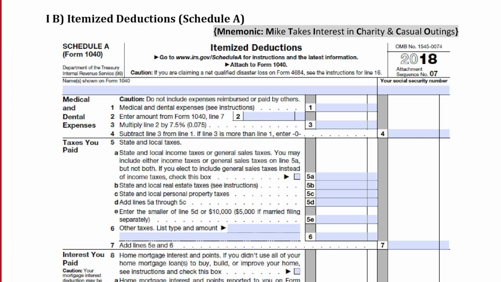And once you get there, put a box around Schedule A to Form 1040. And this is the schedule for itemized deductions.